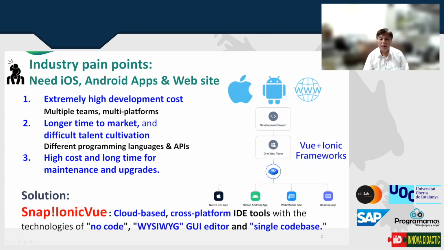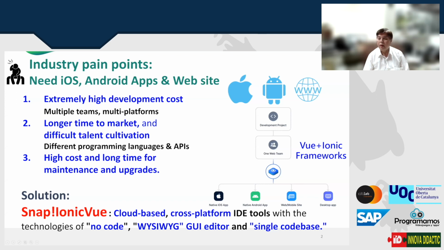So we designed Snap IonicVue, which, like I said, is a cloud-based cross-platform IDE tool with no code, because we use Snap. And also a what-you-see-is-what-you-get GUI editor, to make the design flow as smooth as possible. Actually, it uses two very useful frameworks.